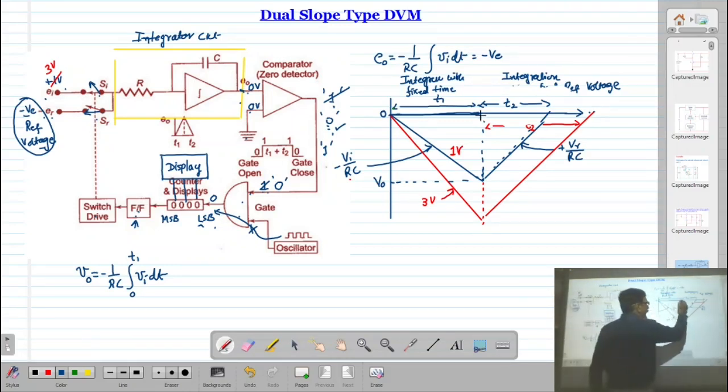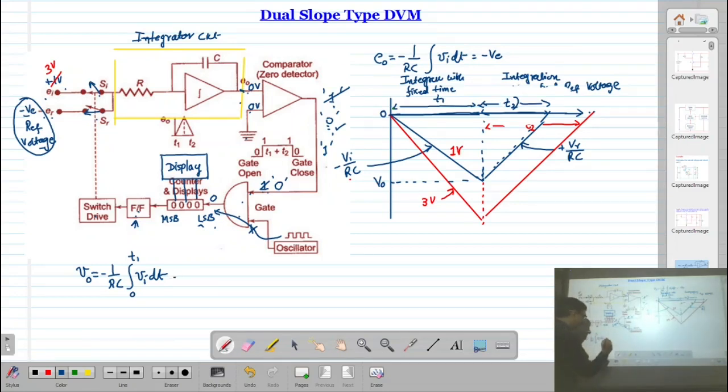And now from this point to this point, remember, this time period is T2. So again we write that output voltage plus, now here it is minus 1 upon RC, and 0 to T2, my reference voltage is also negative, so minus VR into dt.